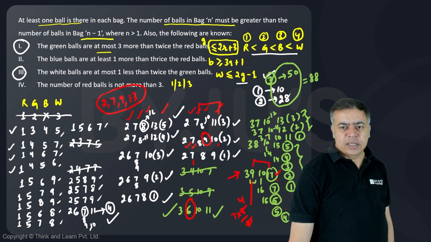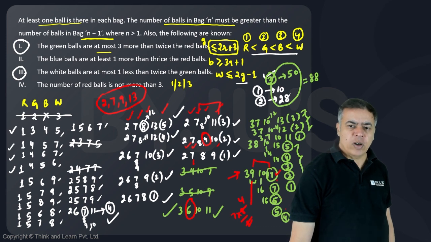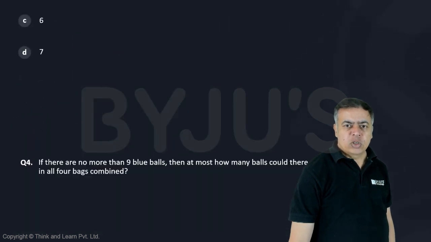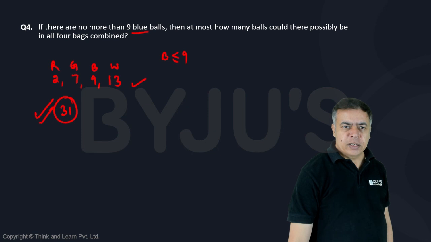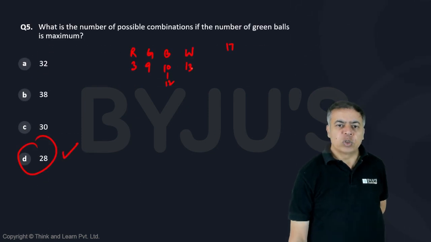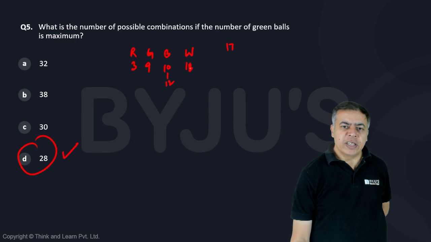Then it will be 16, 15, 14, 13, 12. Up to 17 you can take, right, because it is 2 into green minus 1. So white up to 17 you can take, and the minimum it should start with 11, not 13 but 11.